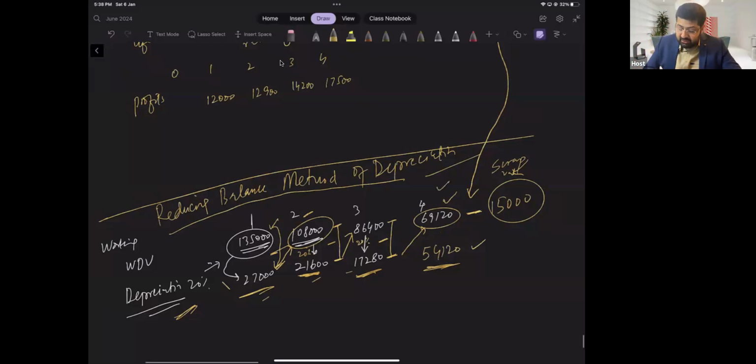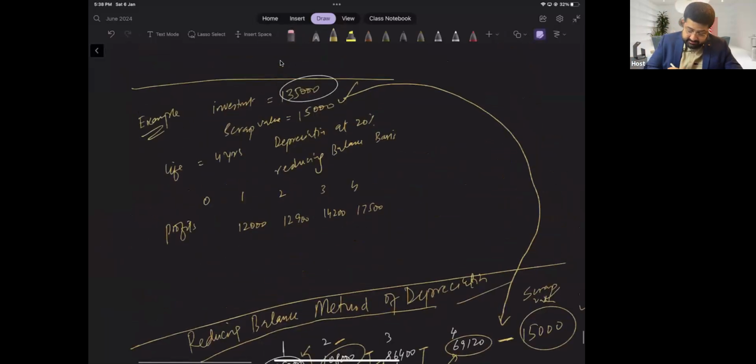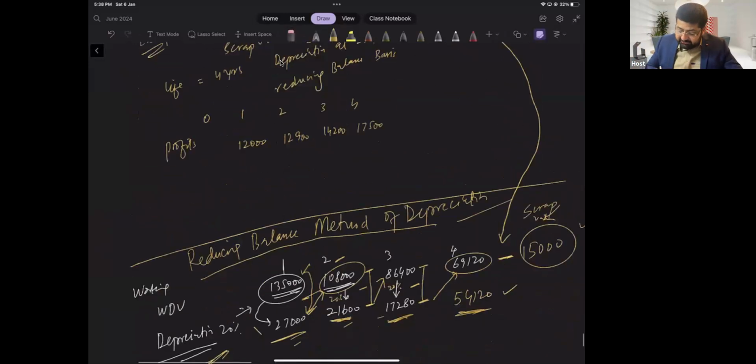In the final year, we just take scrap value, which is given in here, and we deduct from written down value, 69,120, and 15,000 is recoverable only. So the remaining is loss. Remaining should be charged as capital allowance or depreciation. The asset in books is 69,120. What we will get? 15,000. So the remaining 54,000 is loss, capital allowance. Is that clear?